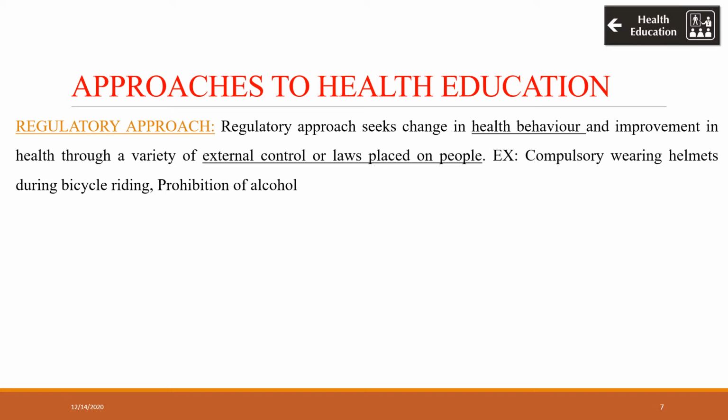Because whenever a person meets with an accident, he has to protect his body parts. So forcefully government is insisting to prevent the trauma caused from accident. So this is a regulatory approach. Someone is inducing you to protect yourself by doing some act, that is regulations.